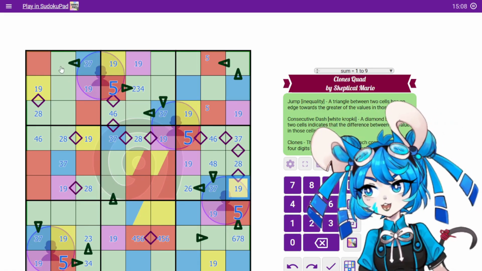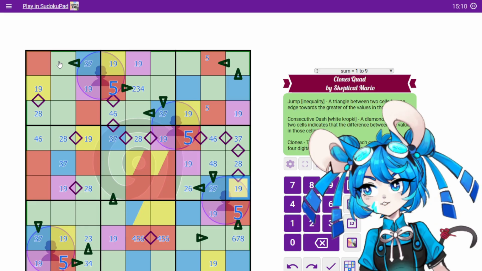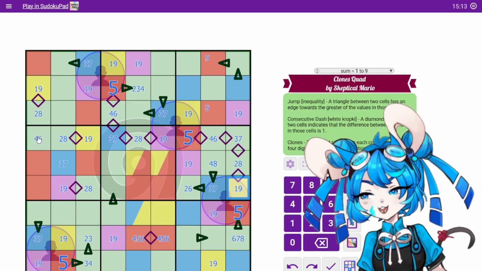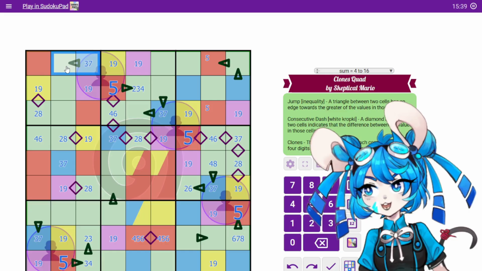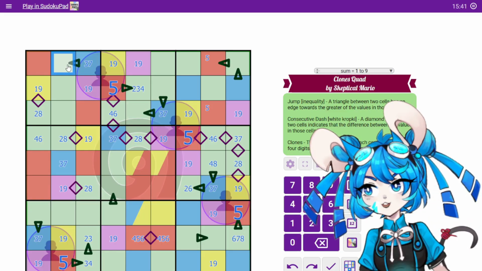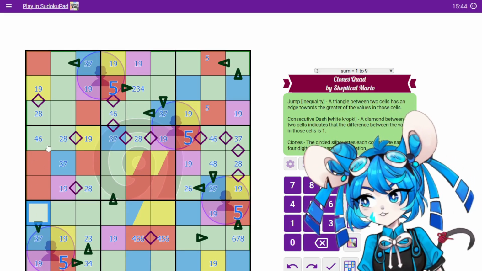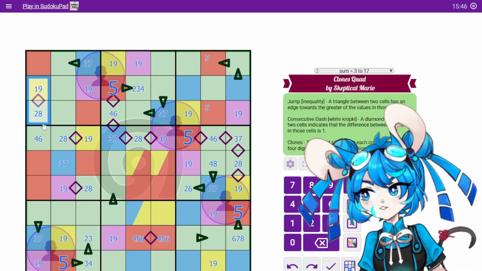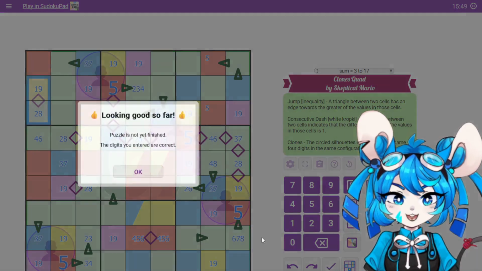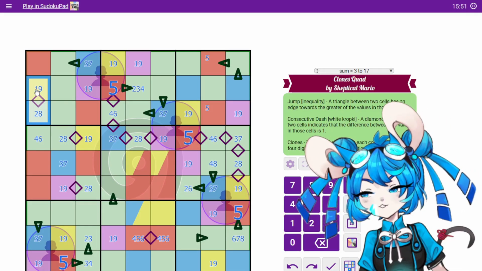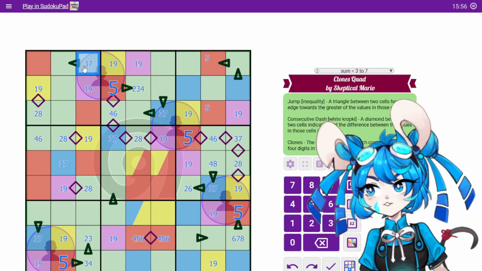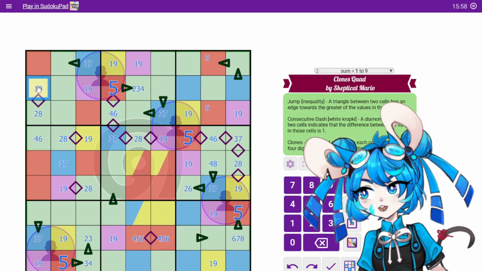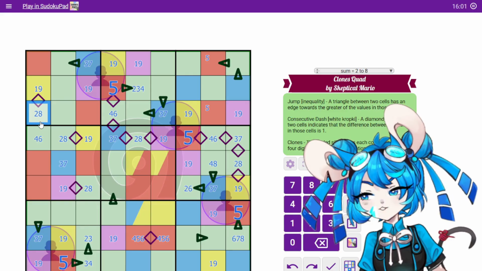The only point of interaction I can see is, well, these two cells. Because this one says less than blue, this one says greater than blue, and they both see both of these digits. Which is strange, because if this is a 7 and this is a 1, if this is a 1, then this has to be 2.